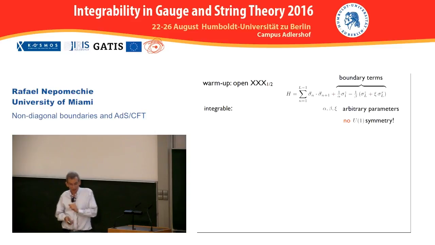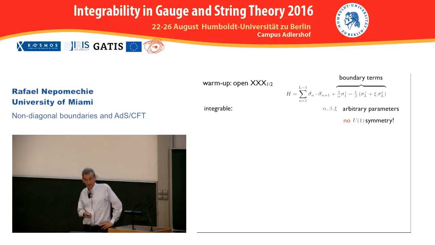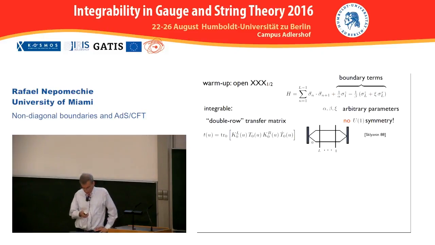But before I get to that point, let me argue that it's actually an integrable model. To show you that it's integrable, I should construct the transfer matrix. And the transfer matrix, for this kind of open chain, was invented by Sklyanin already a long time ago. And it's given by this expression here.